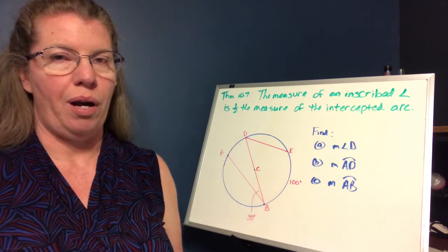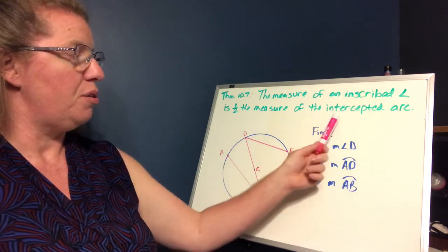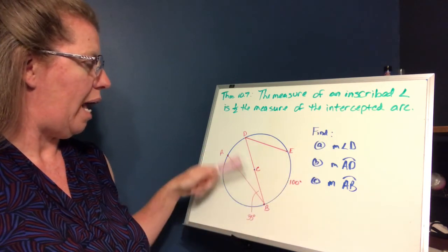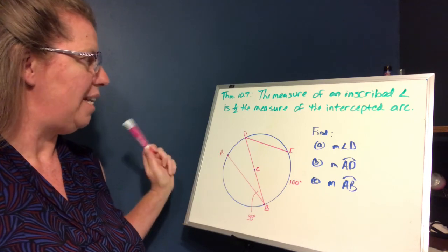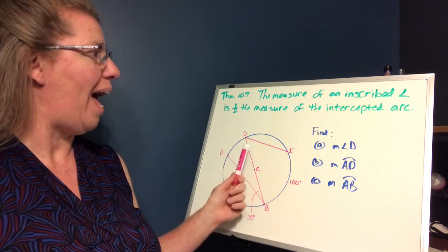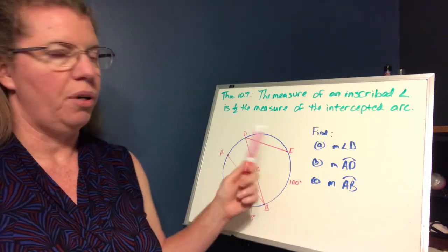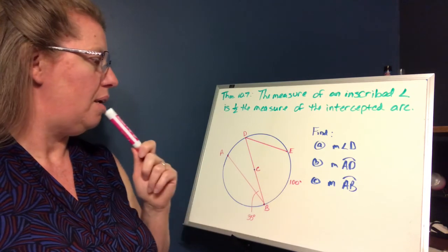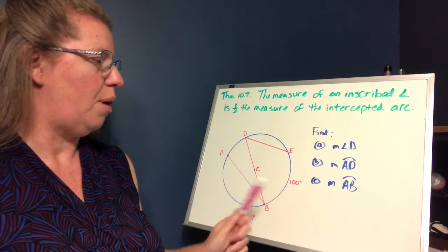They're both inscribed angles, and they both intercept an arc. Angle D intercepts arc EB. Angle B intercepts arc AD. Now by our theorem, we know that the angle measure is half the measure of the arc. So we're going to find all our parts, and hopefully it is straightforward up to a point.